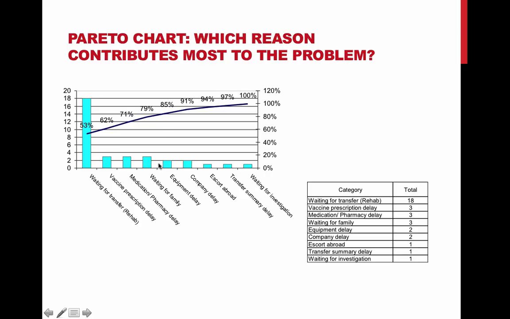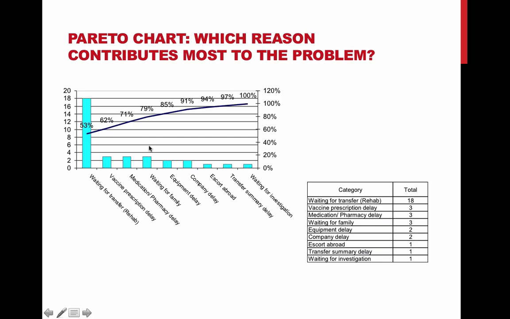So what I'm doing is adding up. It is cumulative. I can see that the first four reasons: waiting for transfer, vaccine prescription, medication delay, and waiting for family, all account for about 79% of the delay. So these are the four main reasons causing my delay.